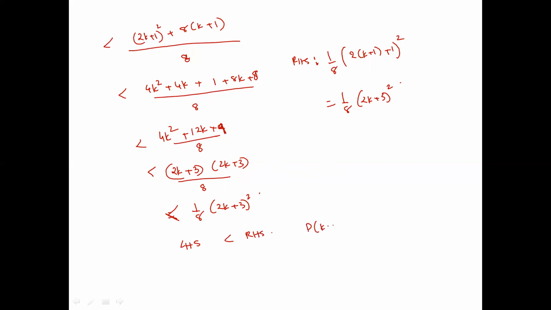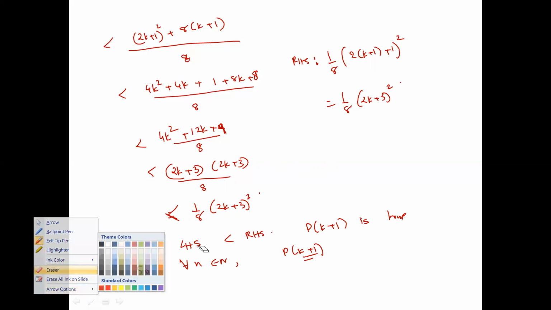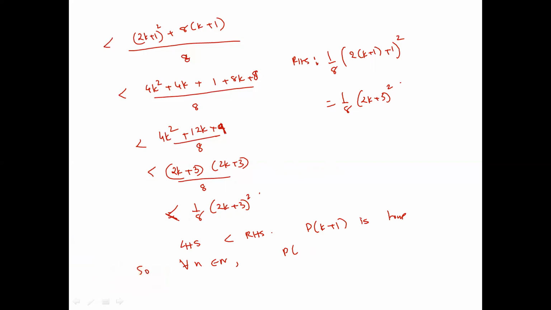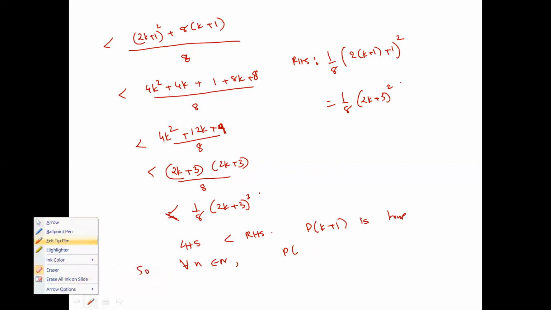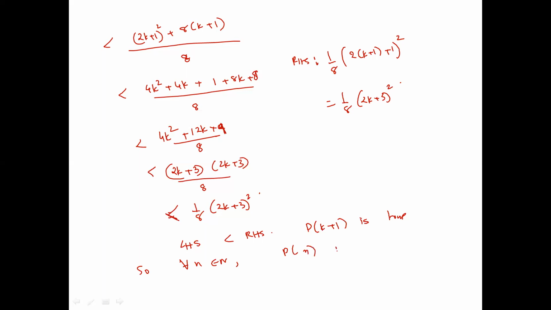That means P of k plus 1 is true. So for all natural numbers, P of k plus 1, that is P of n, will be true forever.